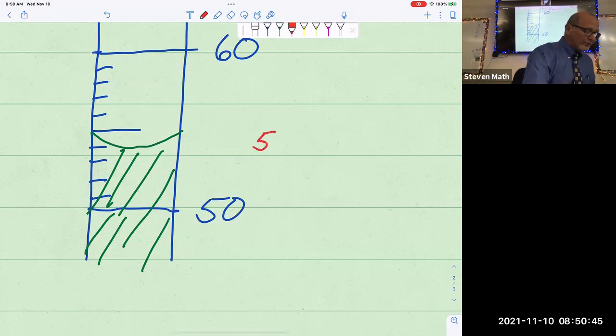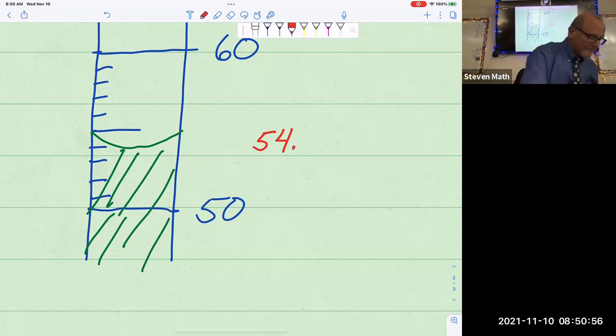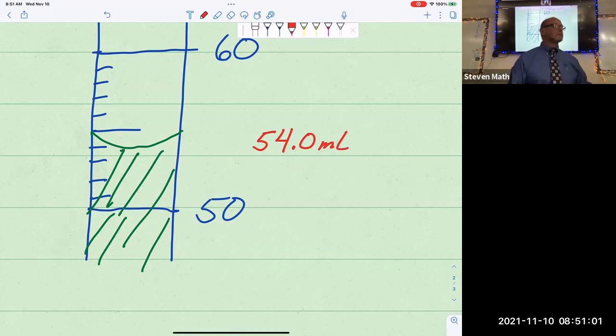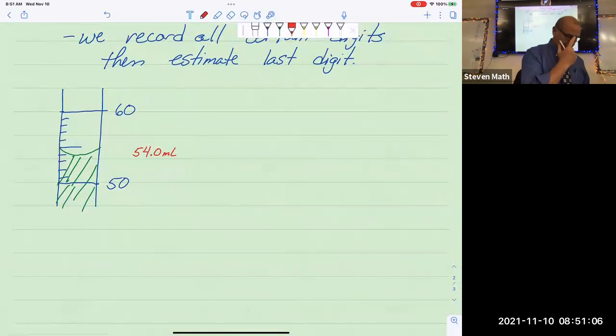Okay, how many digits are we sure of? We're sure of 54, right? So we get to guess one more digit. We get to put one more in. If it's dead on the money, put a 0. So if it's calibrated to the milliliter, estimate the tenth. We can do this, right?